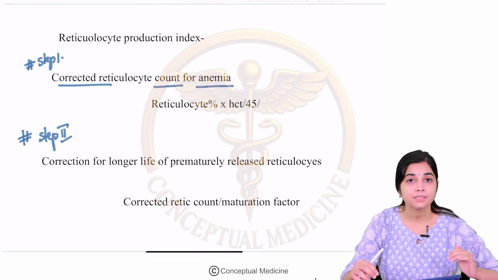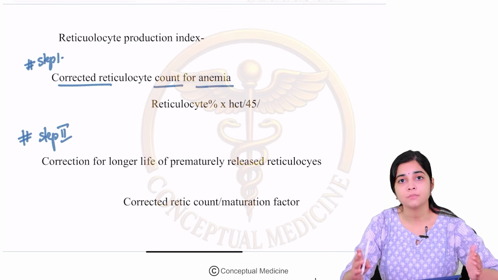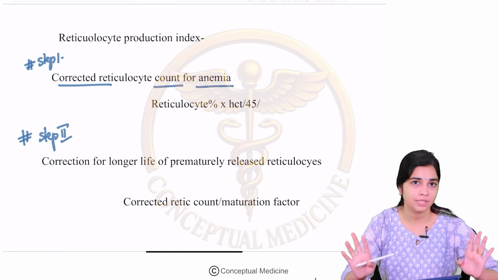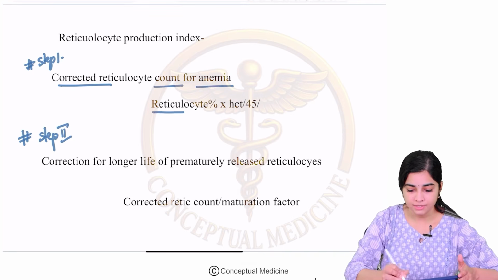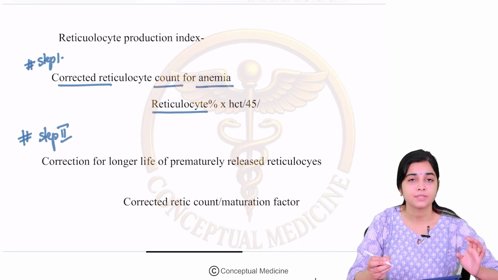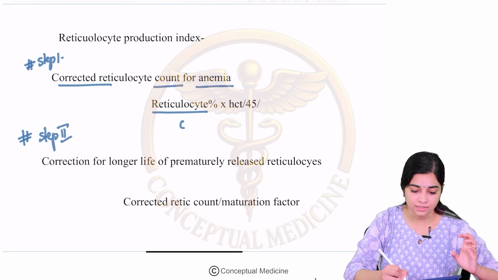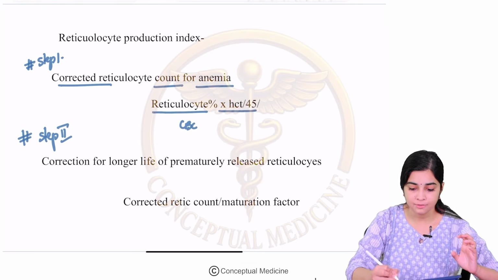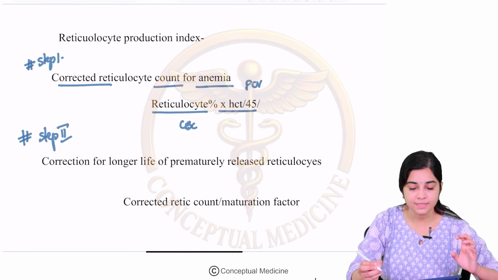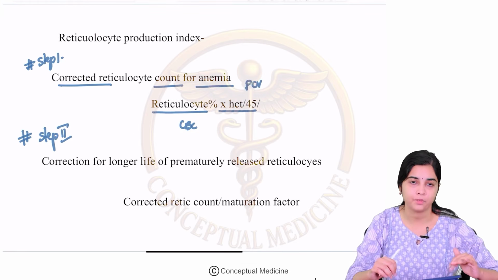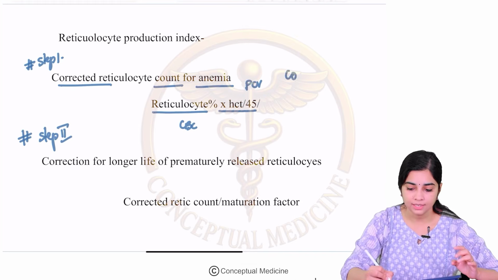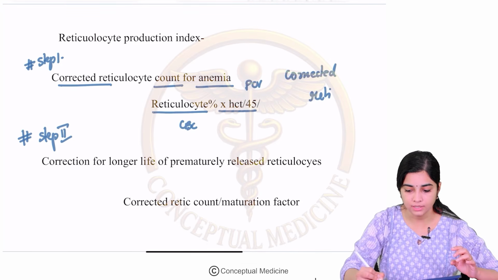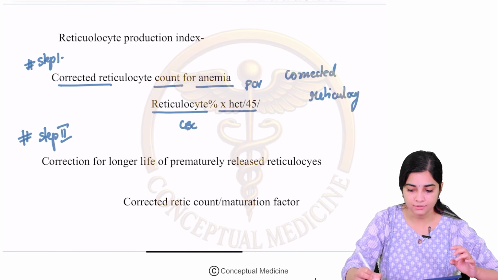Now this reticulocyte percentage has to be corrected for the degree of anemia. You get this correction by multiplying the reticulocyte percentage given in the CBC by the hematocrit. Hematocrit is nothing but the PCV divided by 45. So that is the first step. You need to get the corrected retic count. This is what we call the corrected reticulocyte count.